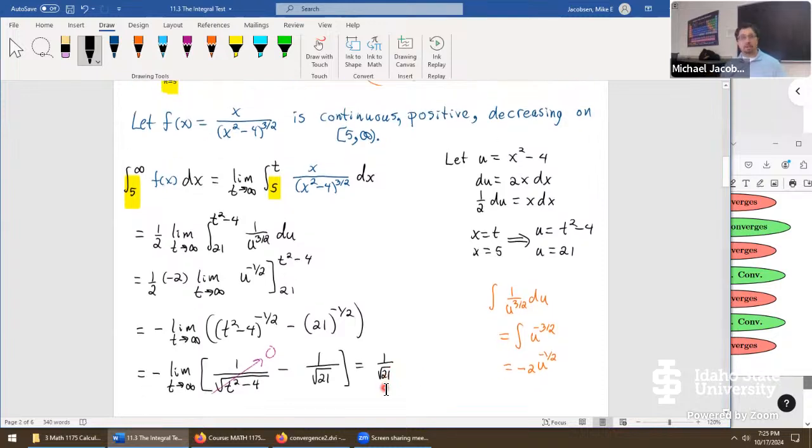We never worry too much about that number. We never even simplify it in this context, because all we cared about in the integral test is whether that is a finite number or not. In other words, we just want to address whether the improper integral converges or not. If you get a finite number, we get to say converges.